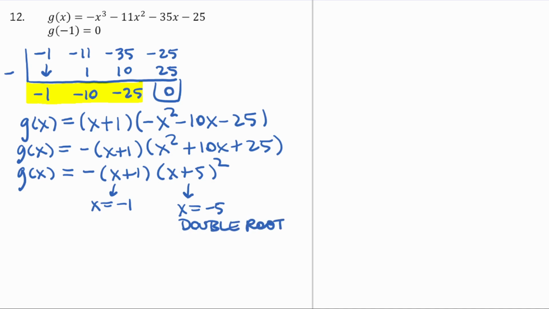Okay, now this negative here is not going to contribute any zeros because that's really a negative 1, and negative 1 is never equal to 0. Now that I've got this, I need to be thinking about the degree and the leading coefficient, so I'm saying that it's a third degree polynomial with a negative leading coefficient.